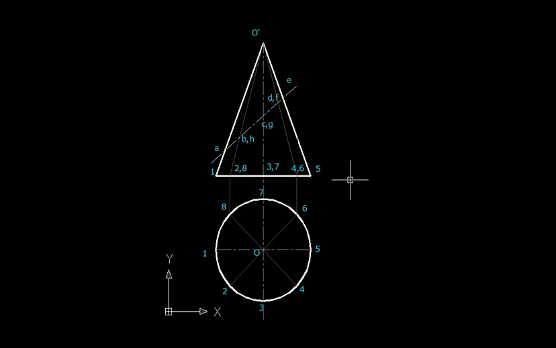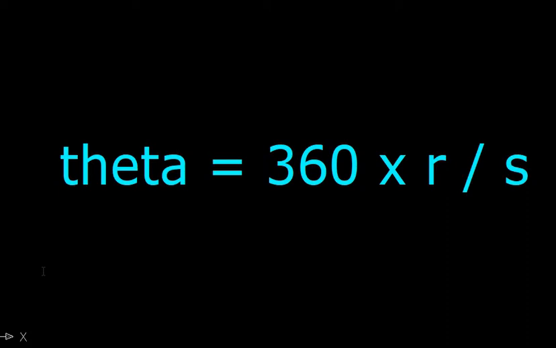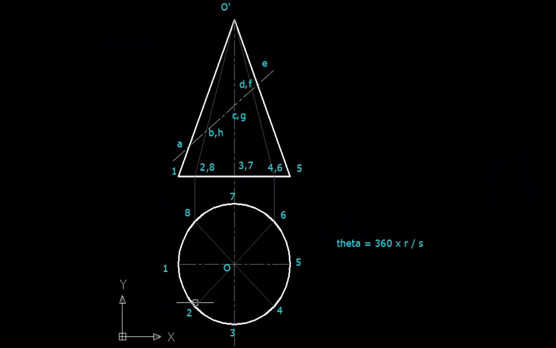It looks like a sector, and the formula for finding out the angle of that sector is theta is equal to 360 multiplied by r divided by s, where r is the radius of the base circle, which is equal to 25. The diameter is 50, that is why r will be equal to 25. Whereas s is the slant height.